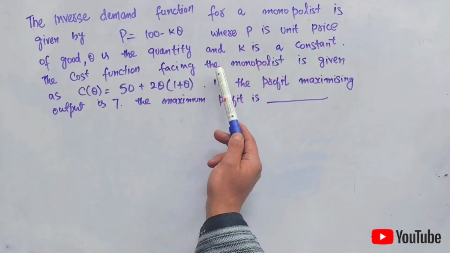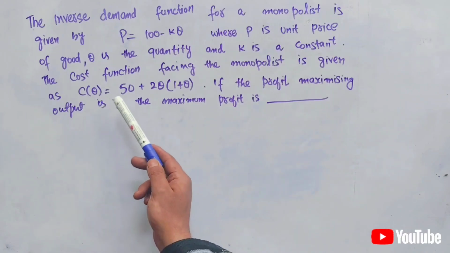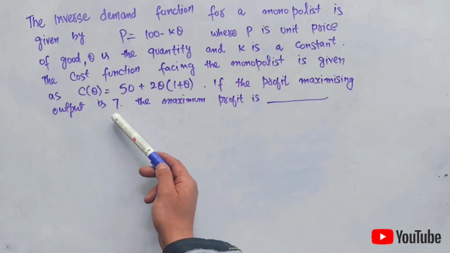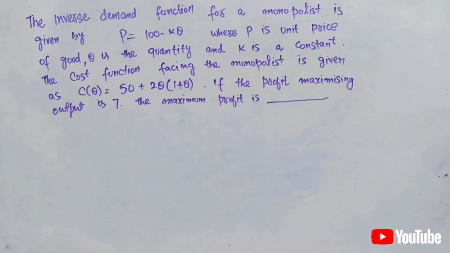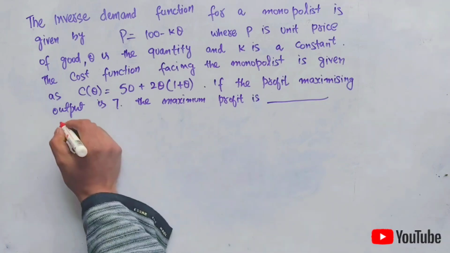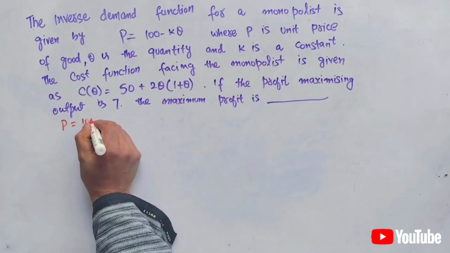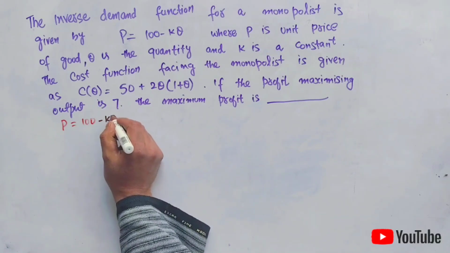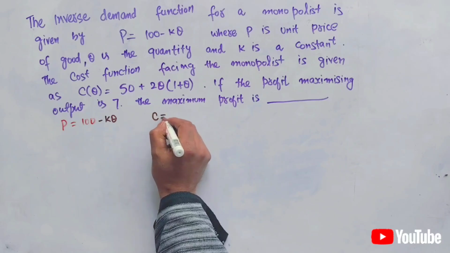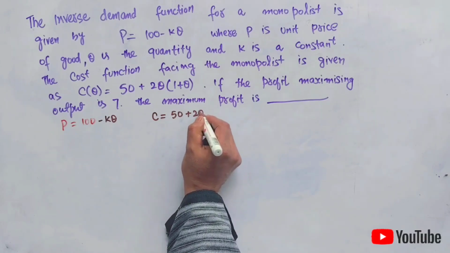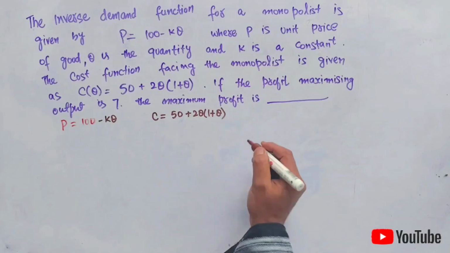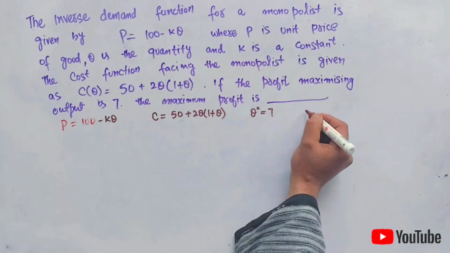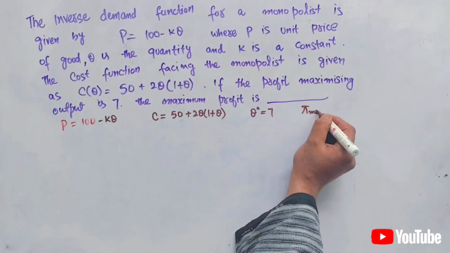The cost function is C of Q equals 50 plus 2Q times 1 plus Q. If the profit maximizing output is 7, we need to find the maximum profit.